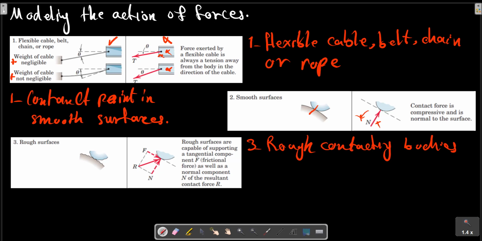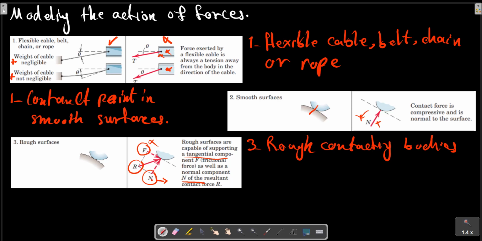The force of contact is not necessarily normal to the tangent to the surface, but may be resolved into a tangential or frictional component F and a normal component N. As shown in this picture, we have two forces, the normal component N and the tangential component F, and the resultant R.